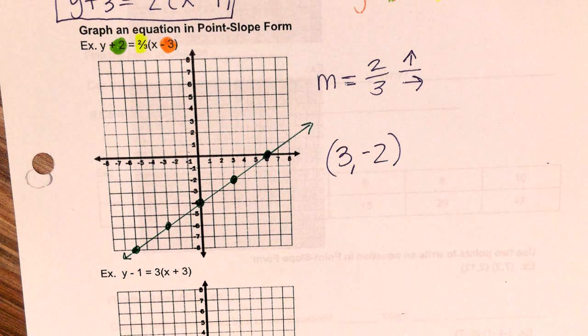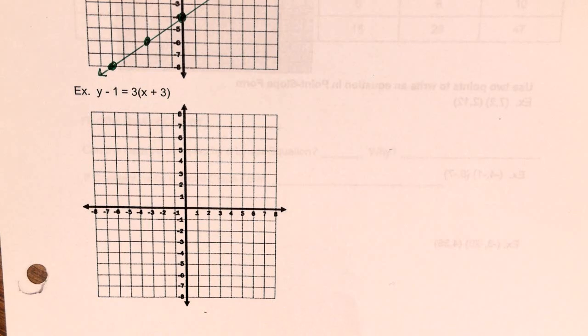All right, how do y'all feel about it? Pretty good? Y'all try the next one on your own. So you need to identify the slope as a rise over run and identify the coordinate that they gave you.